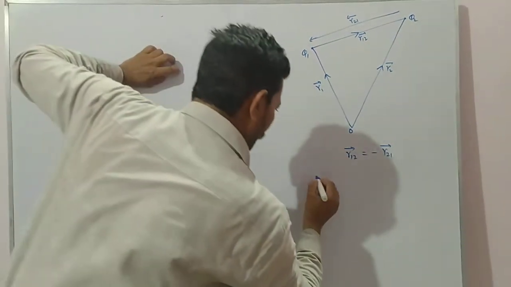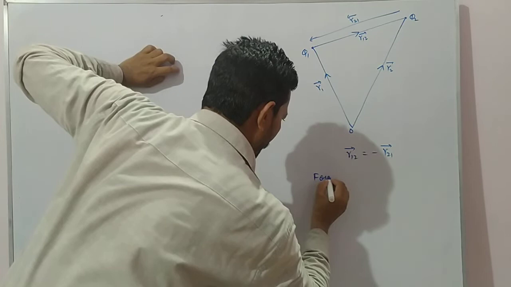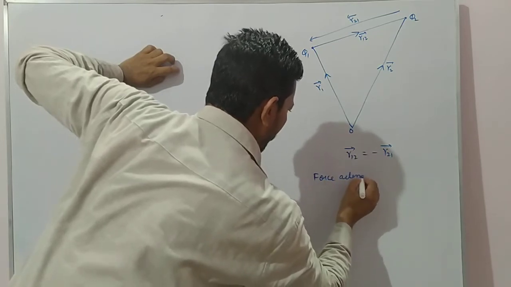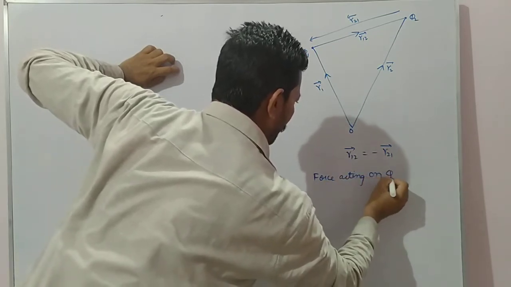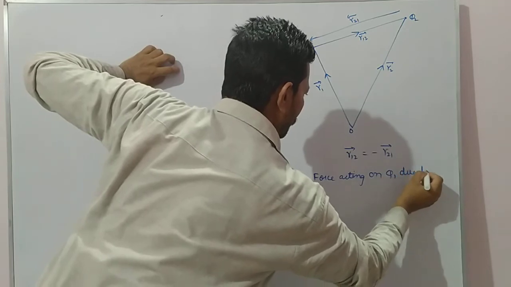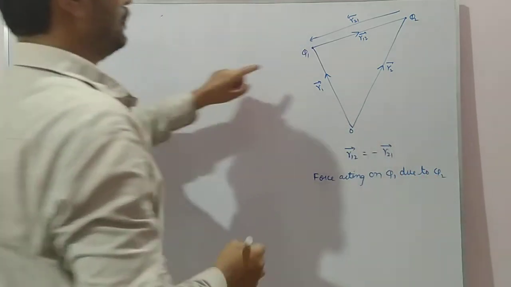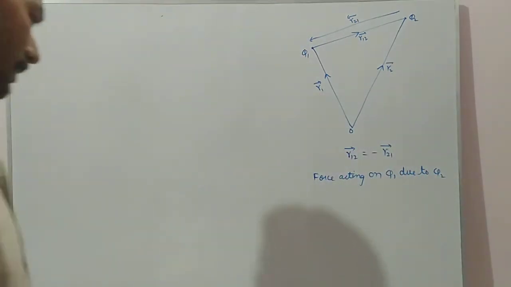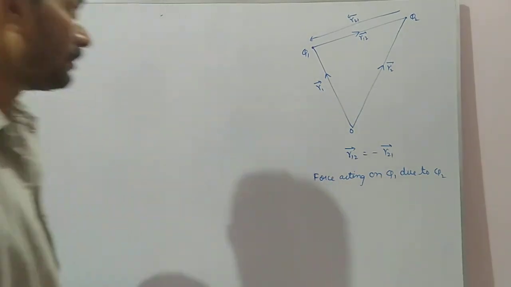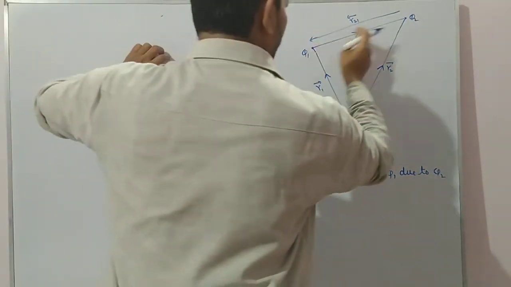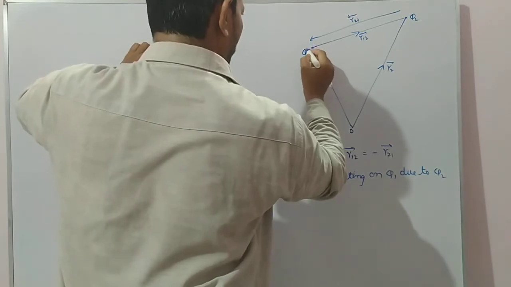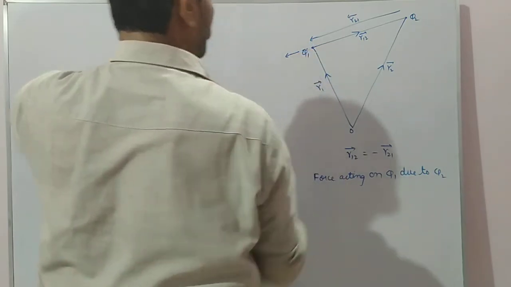So here, force acting on Q1 due to Q2. Now see here, if there are two positive charges, due to repulsion, this charge will move along this direction.